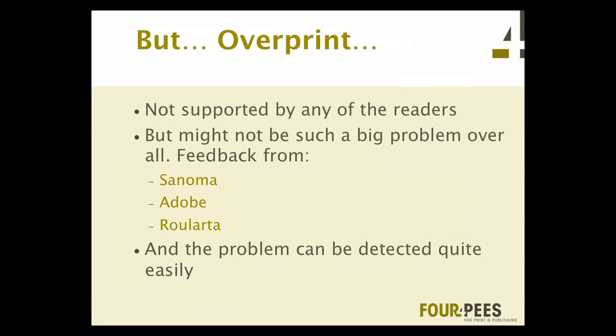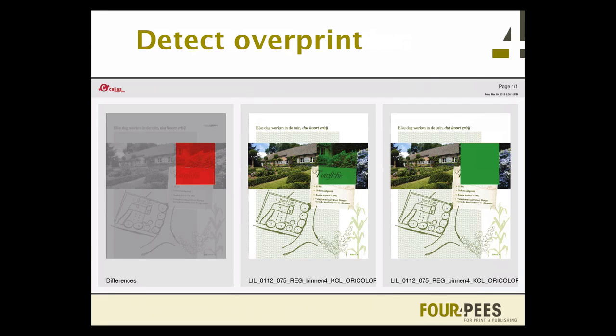The other thing to remember is that something like this can actually be detected in a pretty nice way if you set up a good workflow. I mean, if I take a production file, and that's where the original screenshot comes from, which is why I said it's not the production file I tested for that one. But if you take this kind of file where this is the view with that green rectangle in overprint, and this would be the view when that green rectangle is put in knockout, not an overprint, those two can very easily be compared, and you see that there is going to be a visual difference in that particular case.